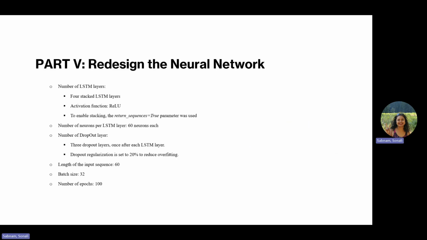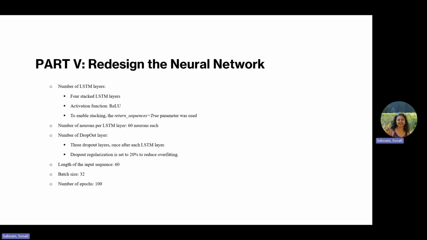In part 5, we have redesigned the neural network in an attempt to improve the performance of the model. This slide discusses the redesign of the neural network focusing on stacked long short-term memory architecture. The network consists of 4 LSTM layers, each with 60 neurons and ReLU activation.